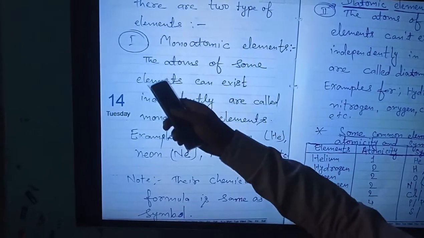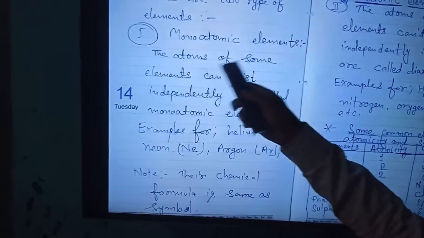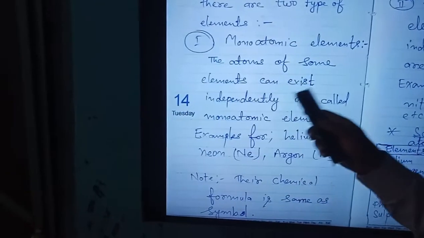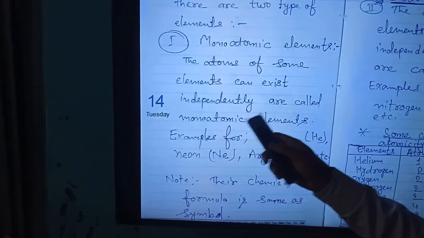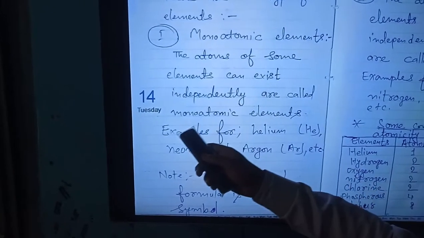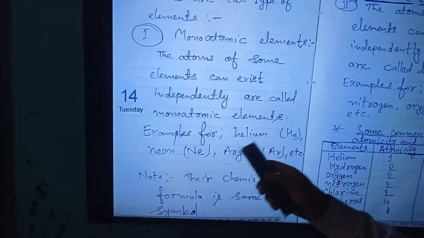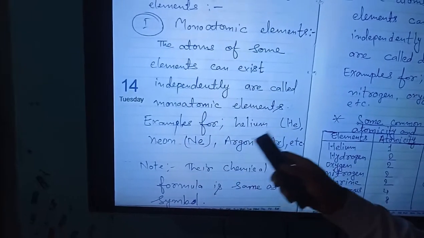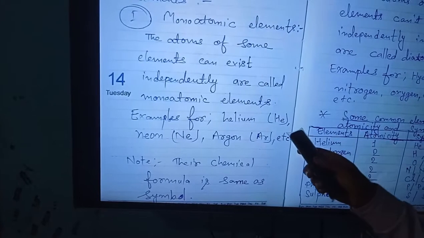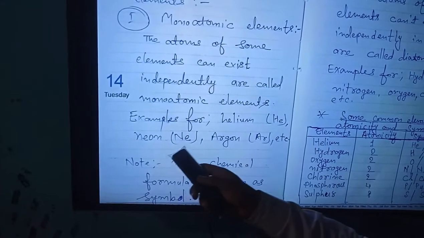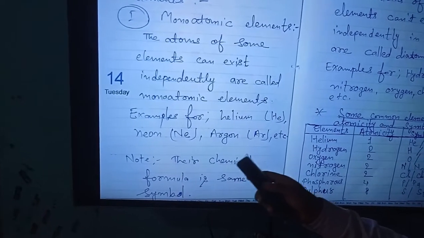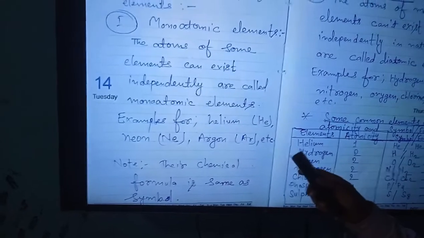Go through the definition. The atoms of some elements can exist independently and are called monoatomic elements. Example: helium, He, neon, Ne, argon, Ar, etc.